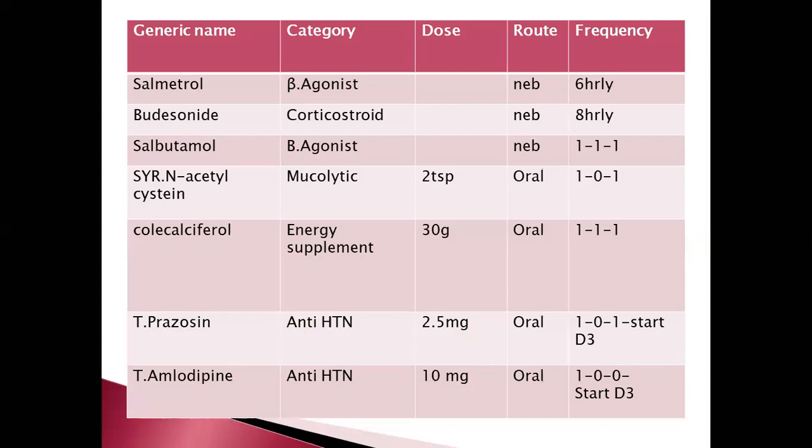Cholecalciferol 30 grams orally 3 times a day. Tablet prazosin 2.5 mg orally twice a day, start date day 3 of administration. Tablet amlodipine 10 mg orally once a day, start date day 3 of administration.